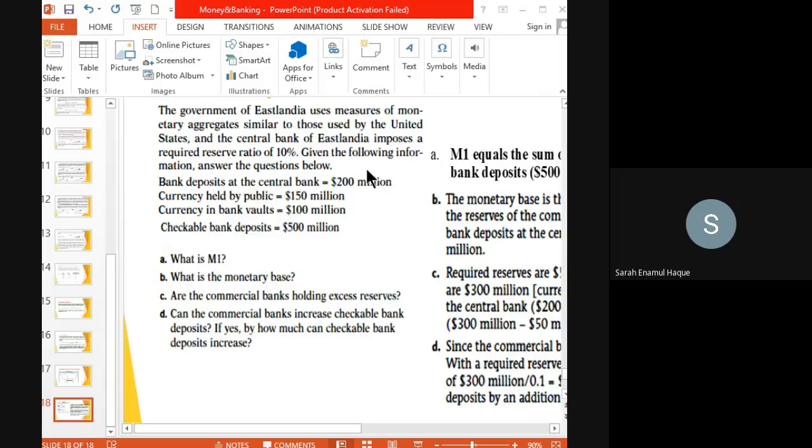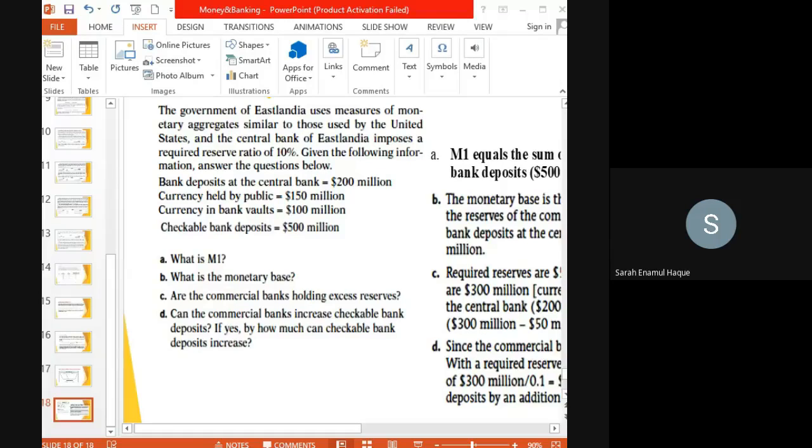Now remember, there's only one bank in this specific example: one commercial bank, one central bank. So obviously the 200 million in the central bank is deposited by the commercial bank, right? So this money also belongs to the commercial bank. Therefore plus 200. So what's the total reserve? 300 million.